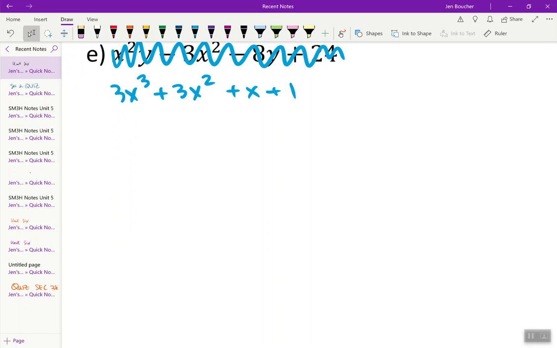There'll be a 1 right there, yep. So it's going to be x plus 1, because when I take out 3x squared, 3 divided by 3 is 1. So you still have that plus 1 in there. Yeah, it looks good.